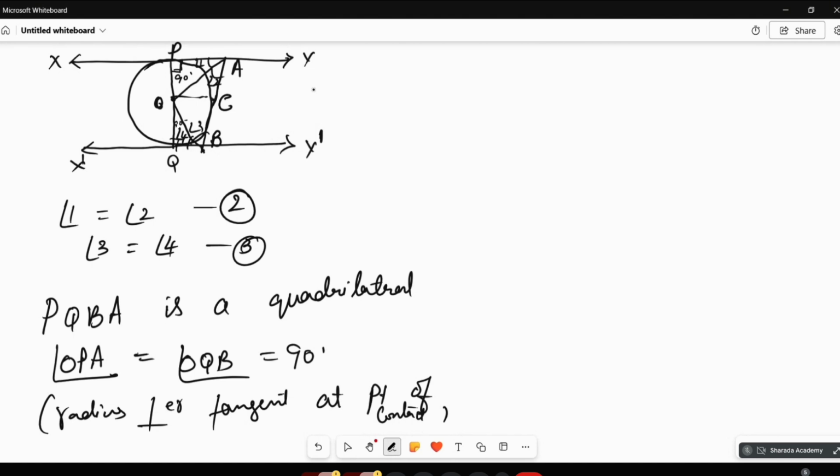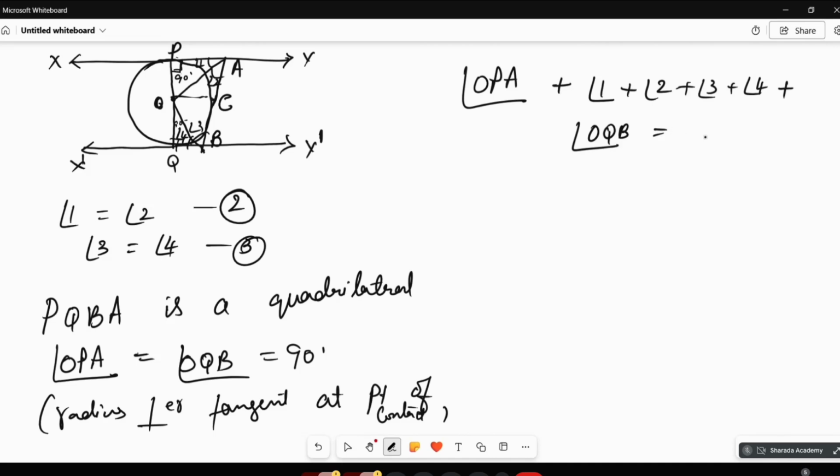Okay. So now in the quadrilateral, we know these two 90-degree angles. What all do we have? OPA plus angle 1 plus angle 2. These two are equal to PAC angle. Then 3 plus 4 plus OQB, that is equal to 360 degree, because the sum of the four angles in a quadrilateral is always equal to 360 degree, correct?